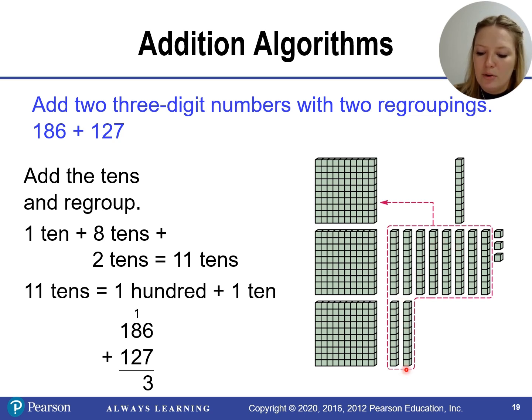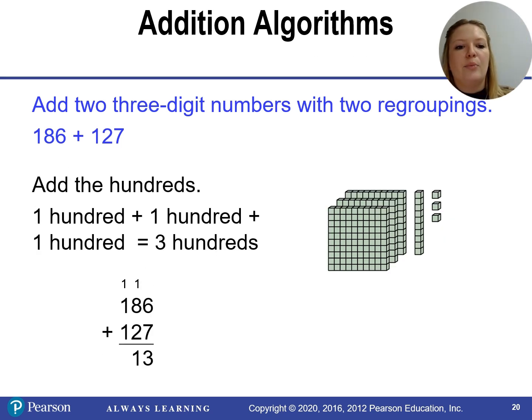So I can regroup these 10 tens as 1 hundred. So instead of 11 tens, I have 1 hundred and 1 ten. So I could write this in my stacked format by saying, okay, 1 ten plus 8 tens plus 2 tens is 11 tens, which is 1 hundred and 1 ten.